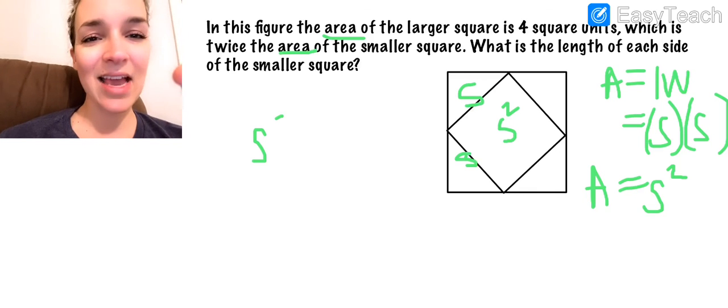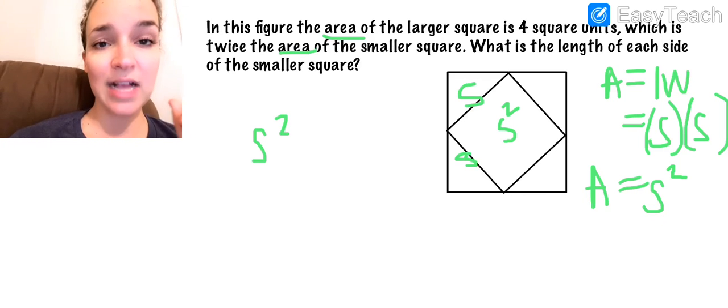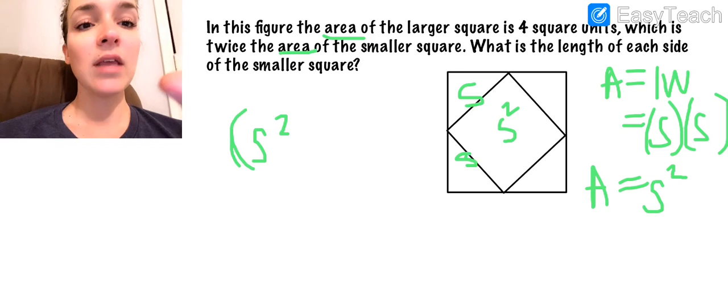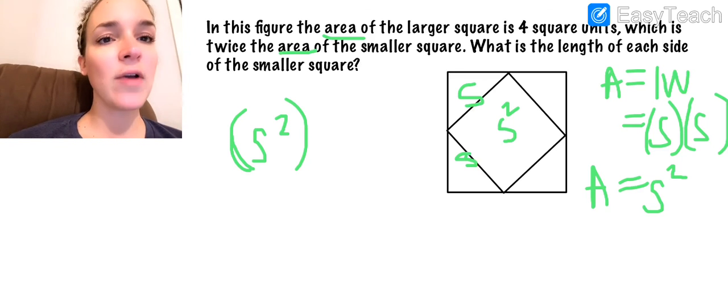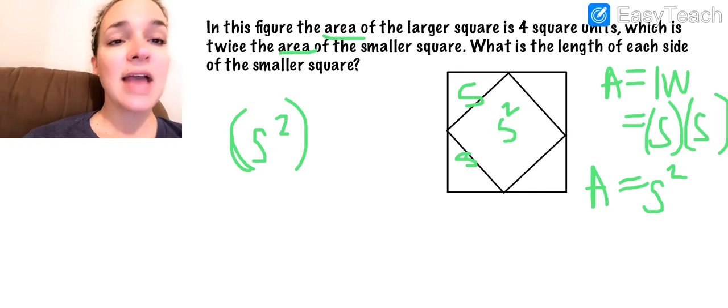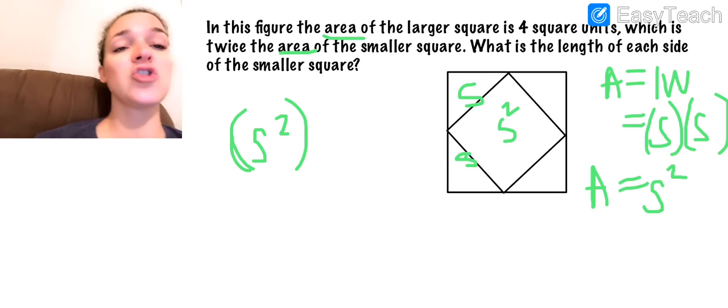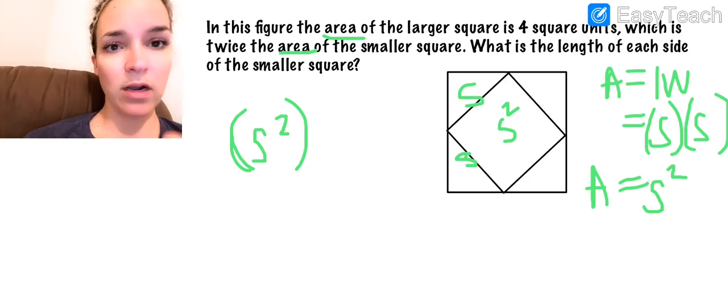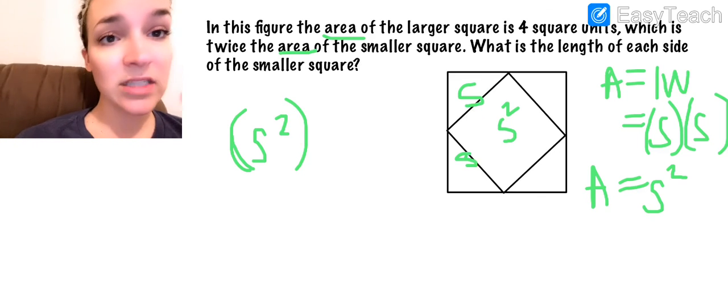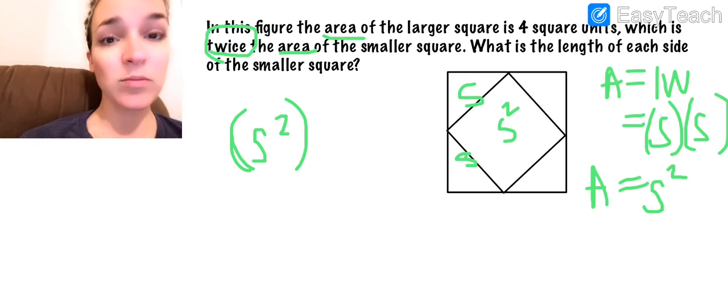So if I take the area of my smaller square, which is S squared, then I can look back and say, okay, the problem told me that the area of the larger square is 4 units, and that is twice the area of the smaller square. So that means the word twice tells me times 2.